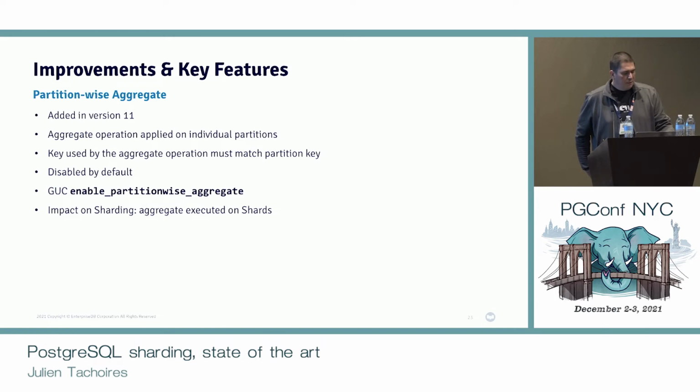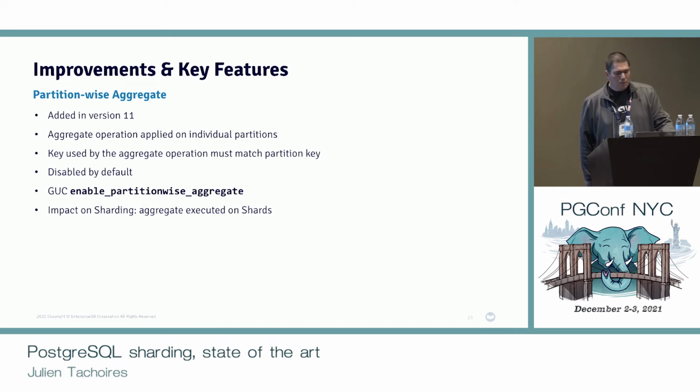Another interesting feature, still in the same fashion, is the partition-wise aggregate. So the principle here is the same as with partition-wise join, meaning that instead of applying aggregate operations at the partitioned table level, the aggregate operation is executed at partition level only.